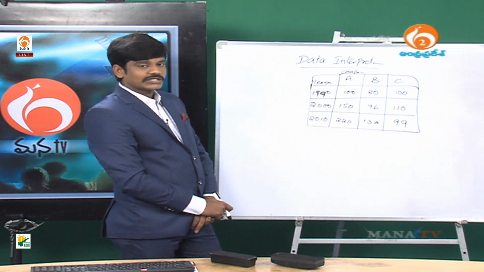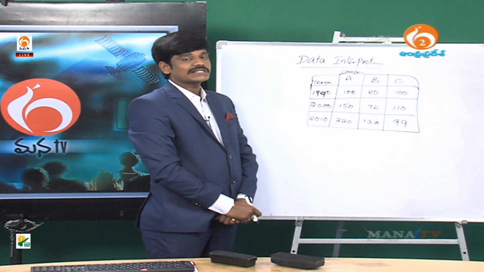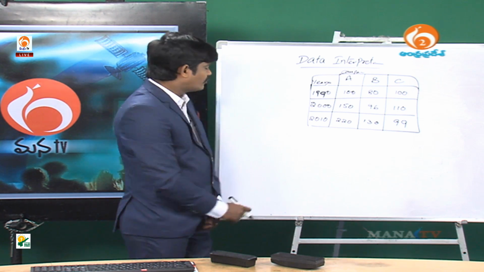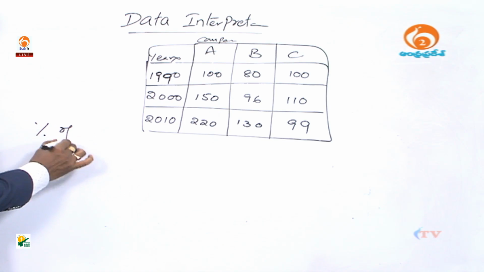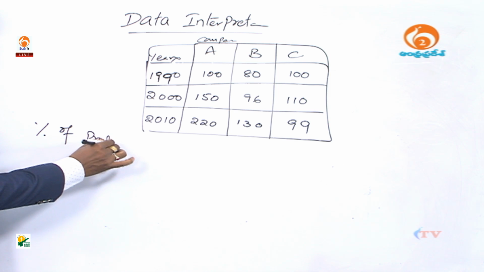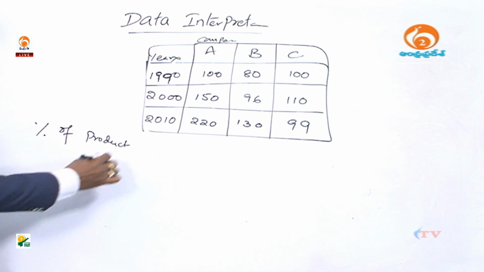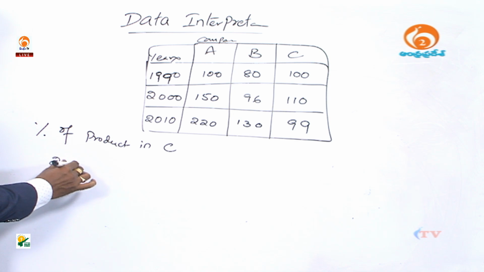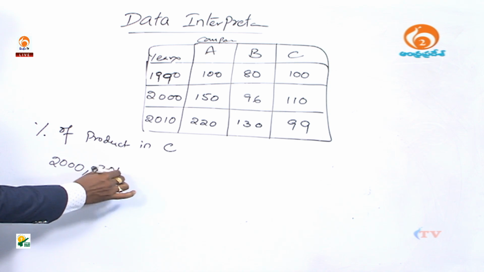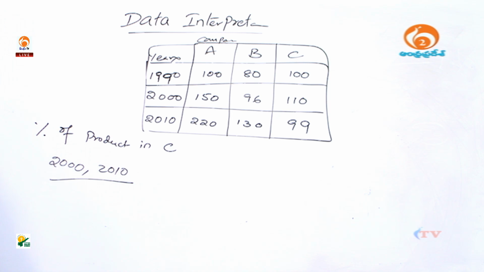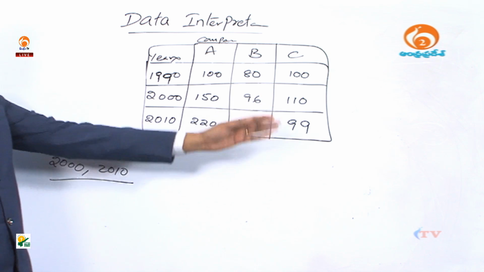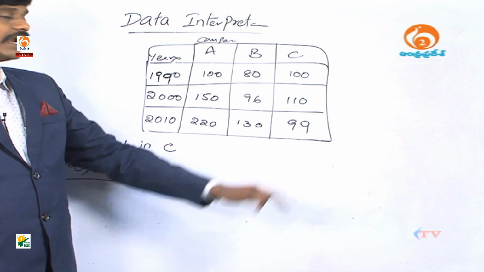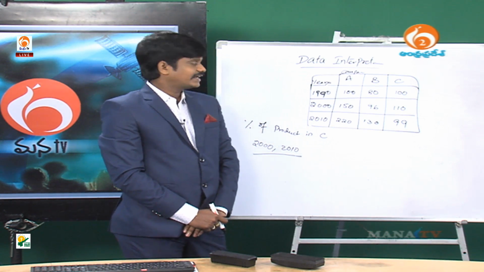Suppose they ask the question: how much percentage of production will be decreasing in company C from 2000 to 2010? Normally most people answer 11%, because the difference between 110 and 99 is 11, but the right answer is not 11.